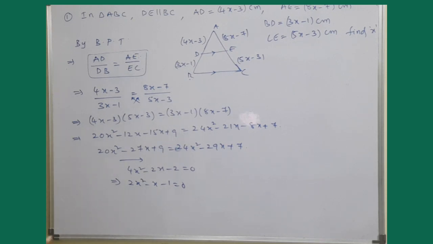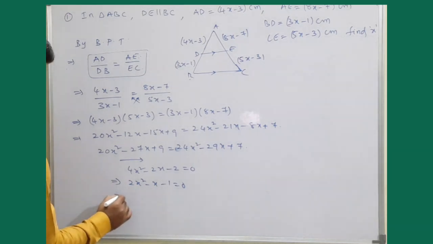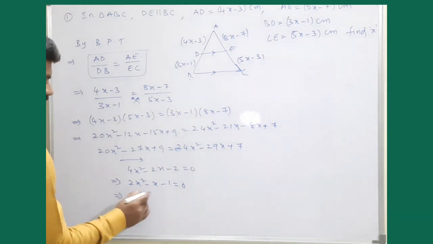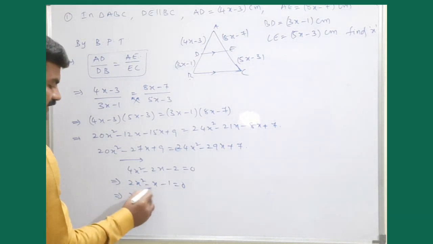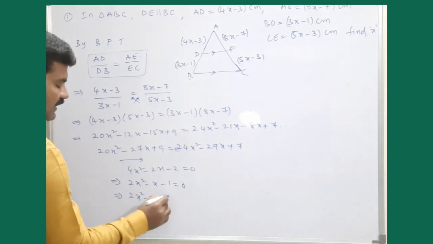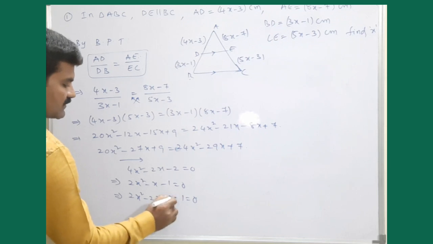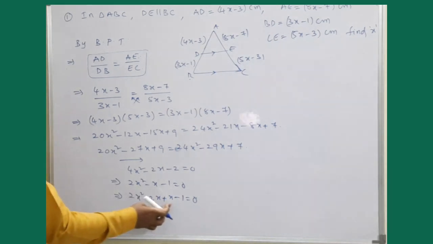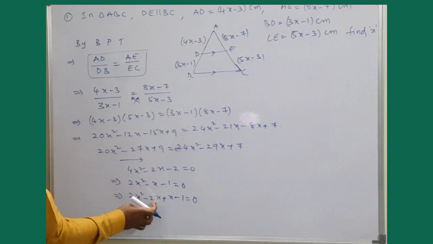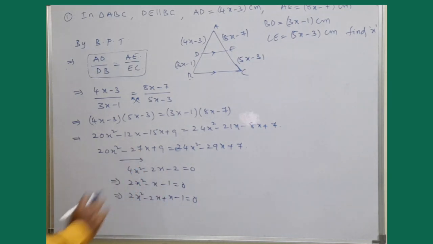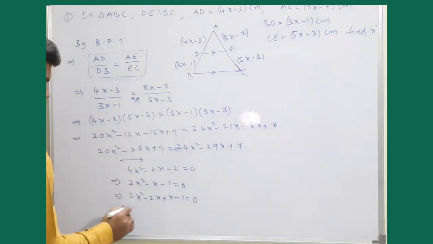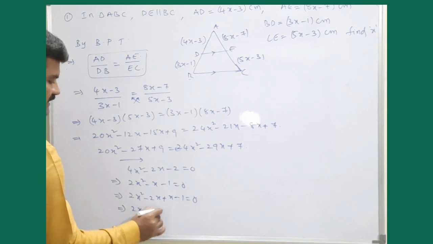So what are the factors here? It can be factorized. You can split this minus x as minus 2x plus x minus 1 is equals to 0, isn't it? On adding, minus x. On multiplying, minus 2x square. Now take 2x common, hence x minus 1.